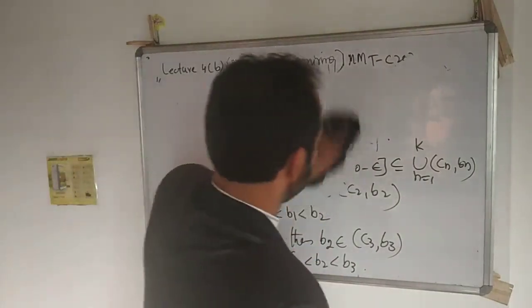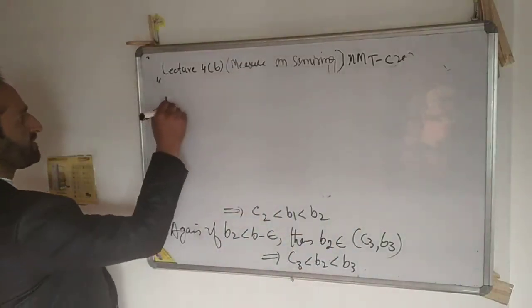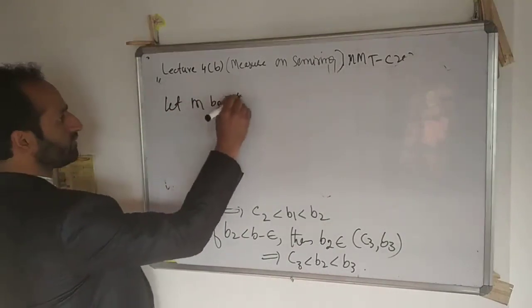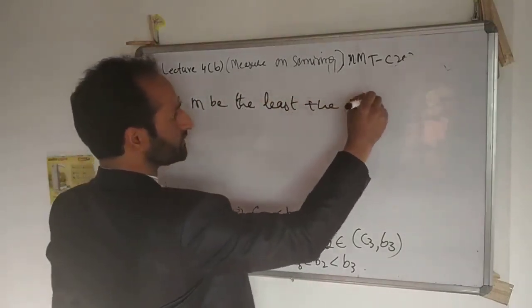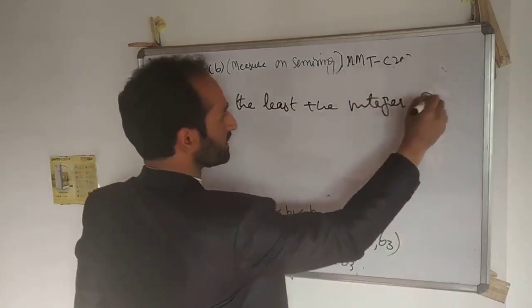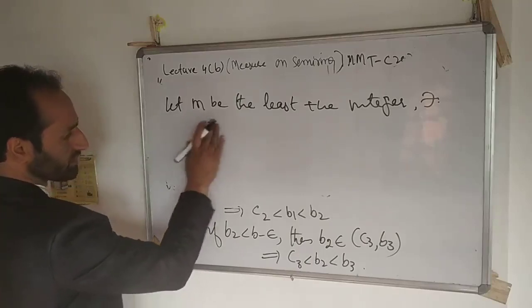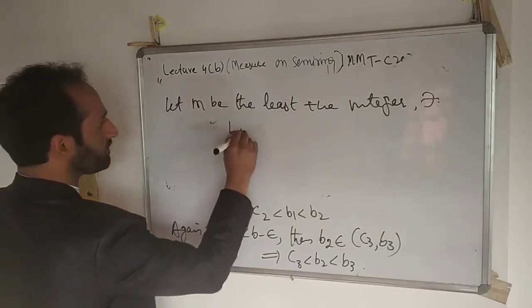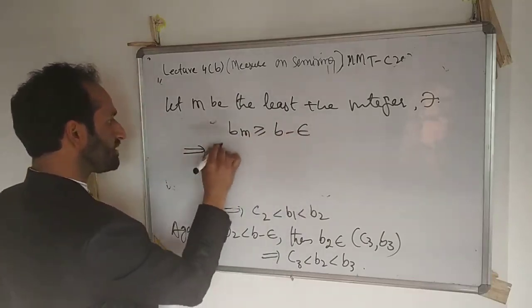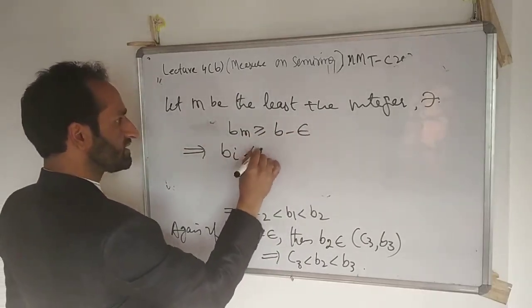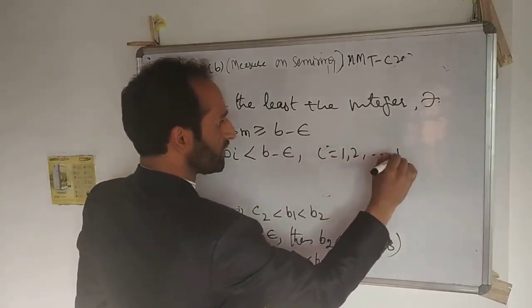So let m be the least positive integer such that Bm is greater or equal to B minus epsilon. So this implies each Bi is less than B minus epsilon, for i equal to 1, 2, up to m minus 1.